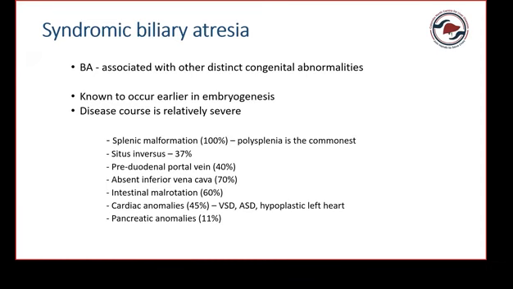These are the characteristic malformations: they would invariably have splenic malformations, the commonest being polysplenia. At the same time, they could have situs inversus, preduodenal portal vein, absent inferior vena cava, intestinal malrotation, cardiac abnormalities, and pancreatic anomaly. So if you see a cardiac abnormality in a child who has cholestasis, do not think only about Alagille syndrome. Think about biliary atresia as well. And it could be syndromic type biliary atresia.